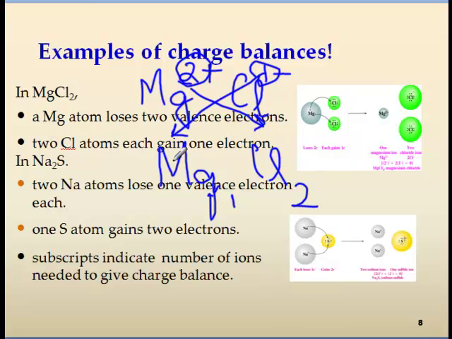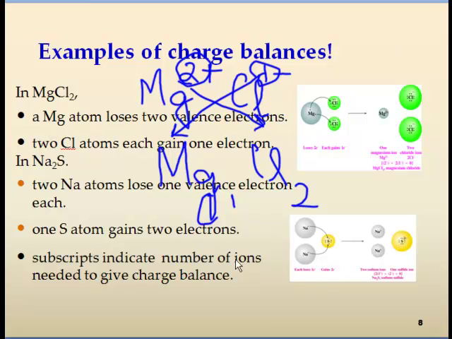Does that make sense? Because magnesium is losing 2 electrons, if it's losing 2 electrons, they must be gained by 2 chlorine atoms. So the total formula would be MgCl2. This is the way that I would recommend you follow the cross your heart method in class, and it will be easier to name all ionic compounds in this pattern.